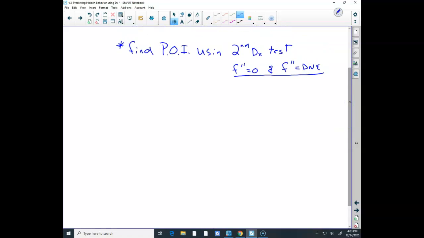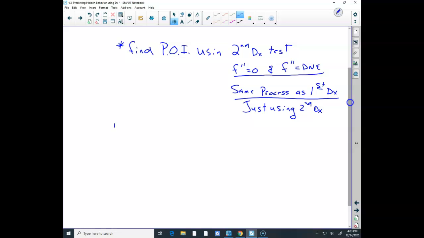Also, once we do that, it's the same process as the first derivative test. We're going to do the same process, it's just using the second derivative. Simple as that.